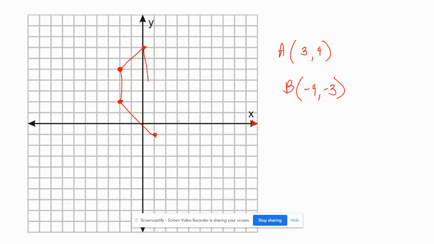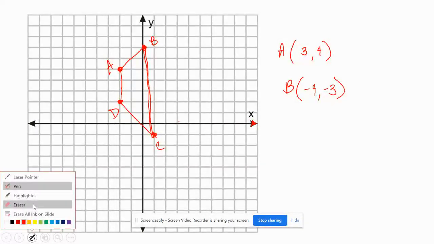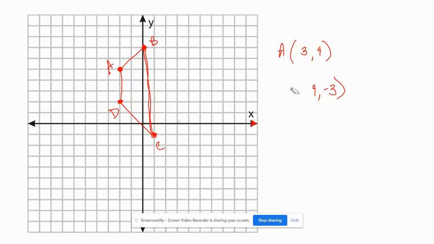That's a little off. But at least I have my points on the right spot. Okay, so let's start here. This is A, B, C, and D. And I forgot to erase over here. Give me 1 second. I don't want to get my points confused.